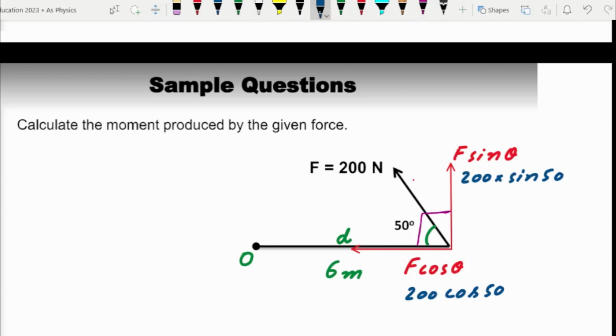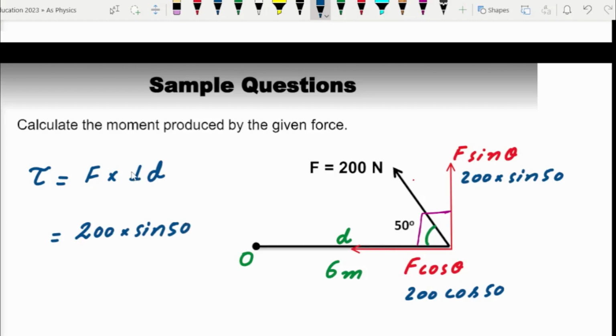Now when you need to find the moment of force, you rewrite the formula. Torque, या moment of force, equals force times the perpendicular distance. So force आप 200 ही यूज नहीं करेंगे because 200 was not perpendicular to distance. Okay, so the force which was perpendicular to the distance is 200 sin 50, जो भी इसका आंसर आएगा, या F sin theta.